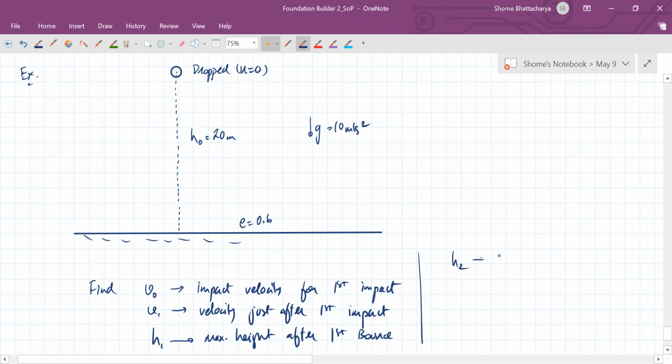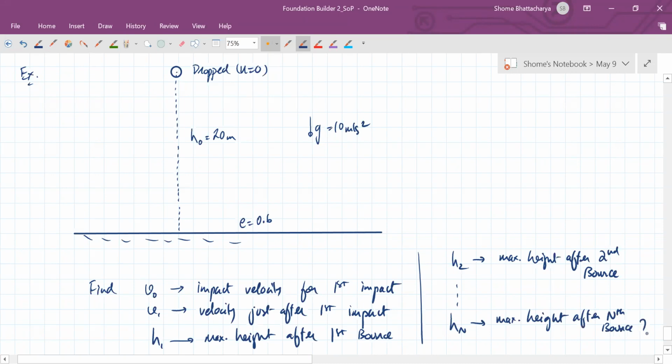Similarly, H2, maximum height after the second bounce. Okay. And you will see a pattern, and from that you can figure out what is the maximum height after the nth bounce. Okay, so just try this out, people.